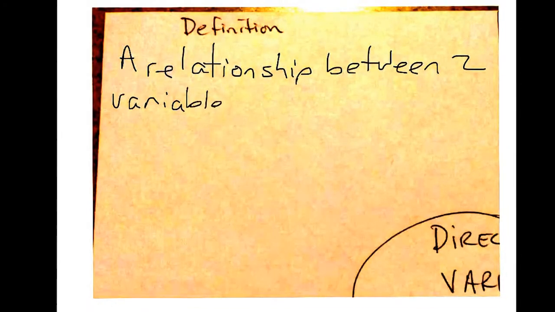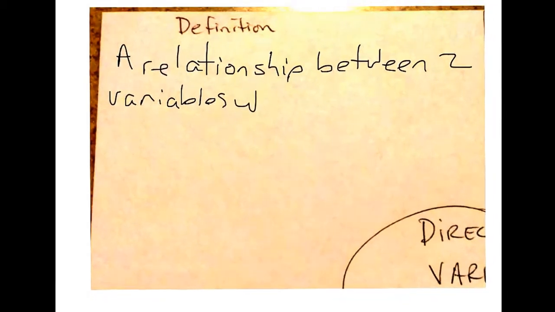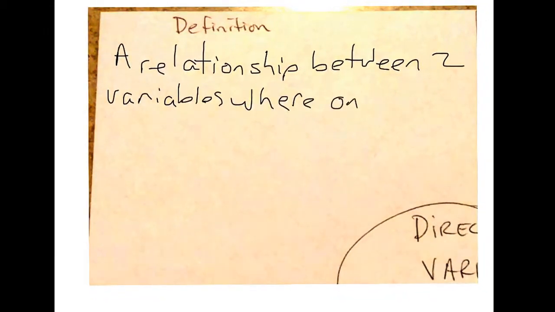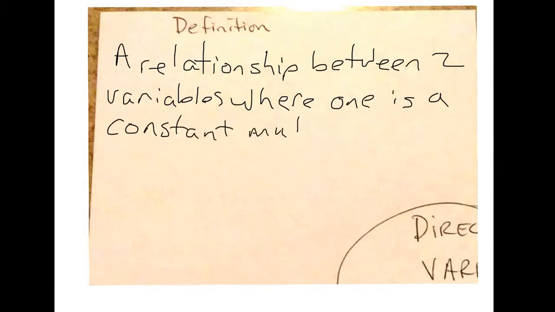The definition of direct variation is a relationship between two variables where one is a constant multiple of the other.